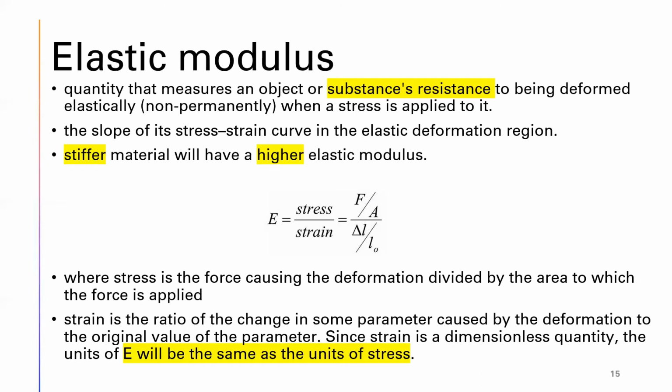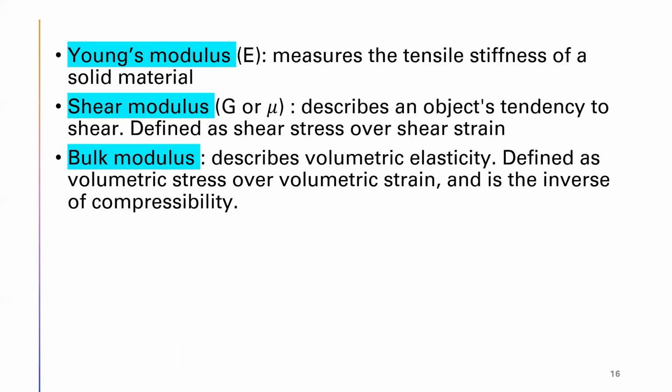And strain is the ratio of change in some parameter caused by the deformation to the original value of the parameter. Since strain is a dimensionless quantity, the unit of E will be the same as stress, which will be Newton per meter square or Pascal.